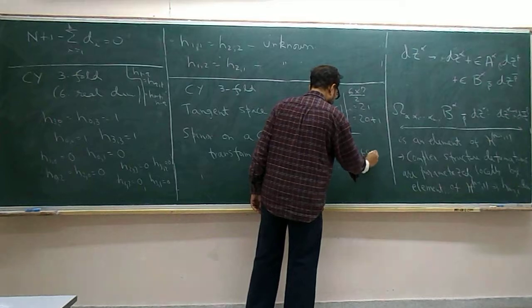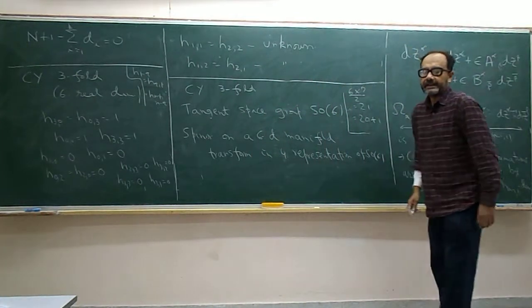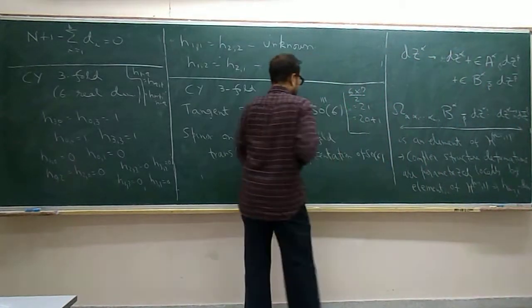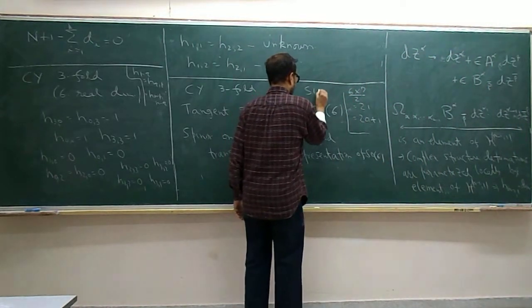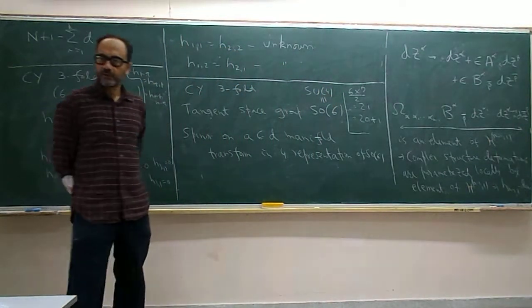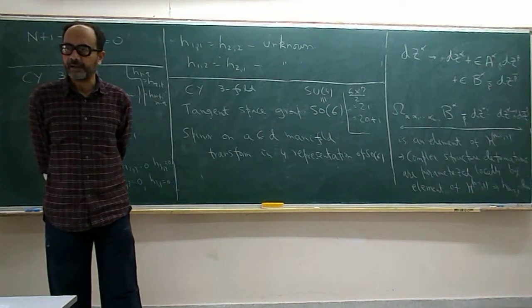The spinor representation of SO6 is 4-dimensional, which in fact is very easy to see because SO6, at least as an algebra, is isomorphic to SU4. And SU4 certainly has a 4-dimensional representation. That's the spinor representation of SO6.